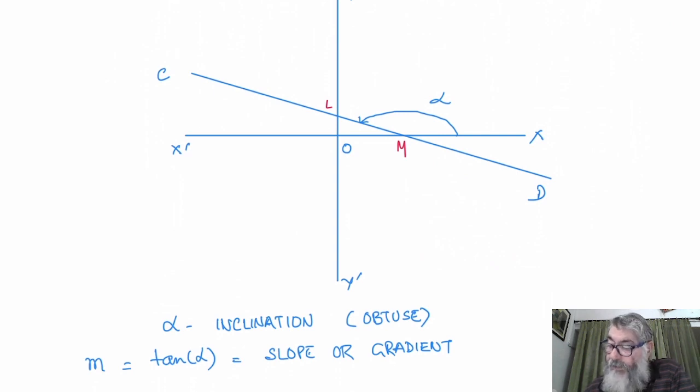Now in this case, because alpha is obtuse, it is going to fall into the second quadrant. In the second quadrant, only sine and cosec are positive, the rest are negative.